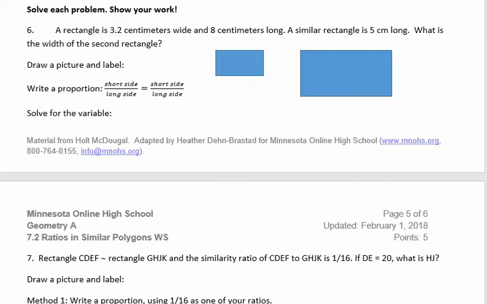So I have a rectangle that is 3.2 centimeters wide and 8 centimeters long, and a similar rectangle is 5 centimeters long. Oh, so I should have made this one smaller. See, this is the long side. Let me fix this, it should have been a littler rectangle.